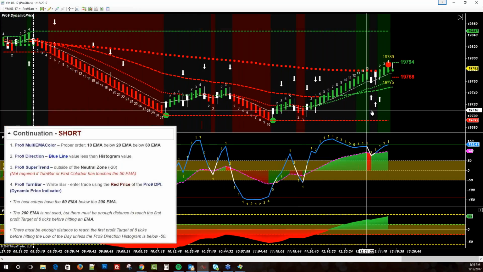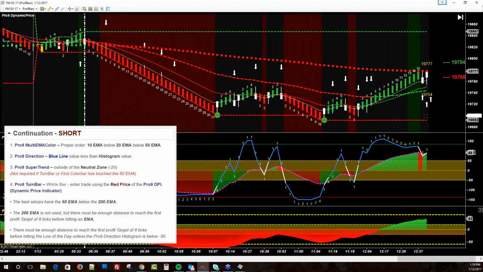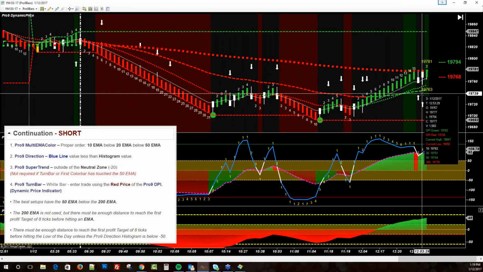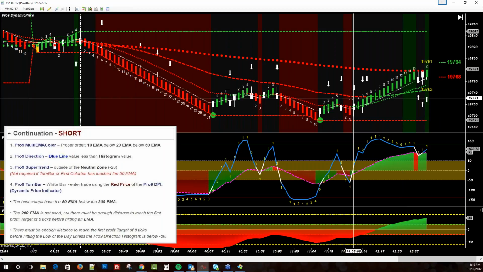He was asking about this one that was developing. We wouldn't be able to enter this one for the reason of the 200: we're not really confident that we're going to move through the 200.